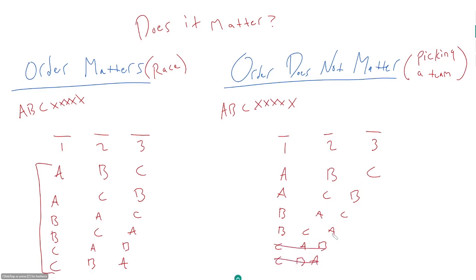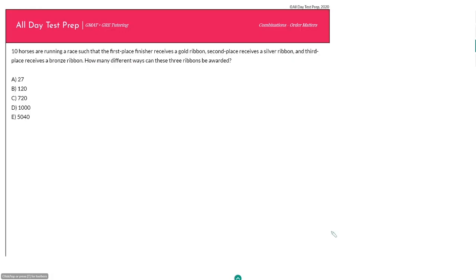I would still want to count them once, but once I've done that, I do not want to count these guys. And so when order does not matter, it is usually a 2-step process, because usually you have to find your number of combinations with your repeats included, and then you have to take out the repeats. And so with that framework in mind, let's take a look at an example of each of these.